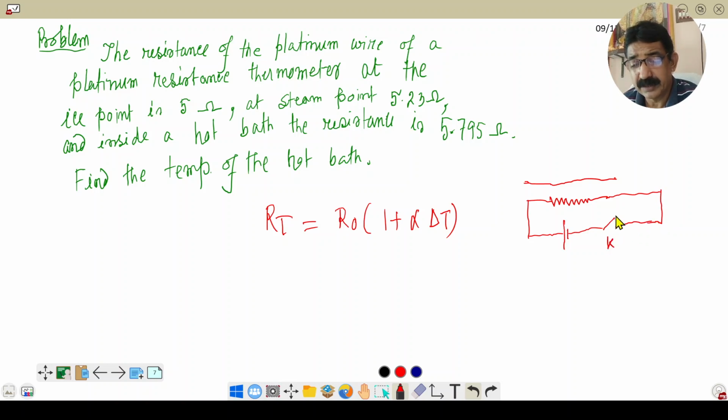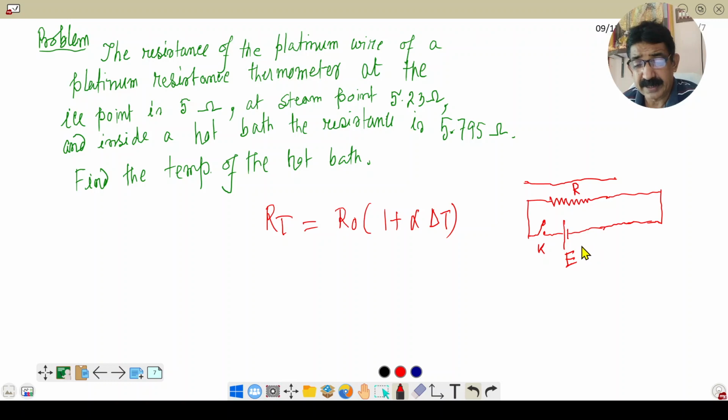This is called a key. We can connect or disconnect. This is the key. This is the battery. This is the resistance.